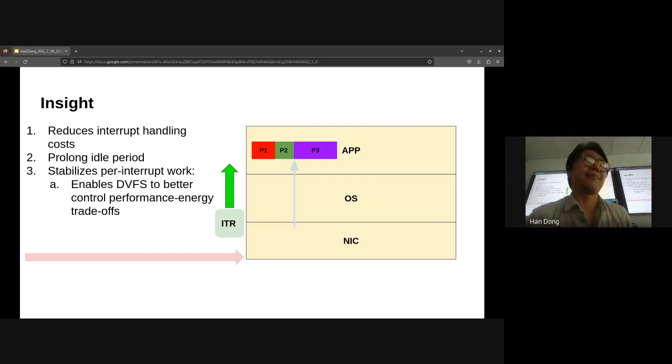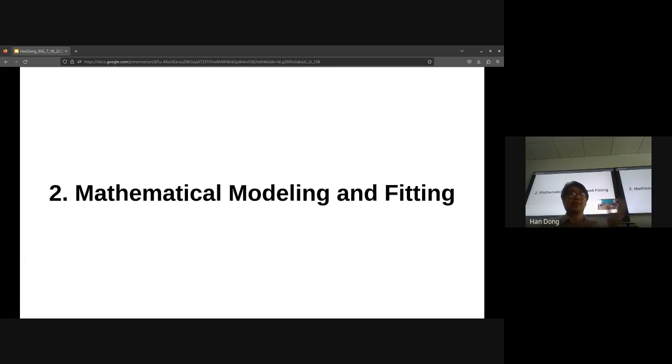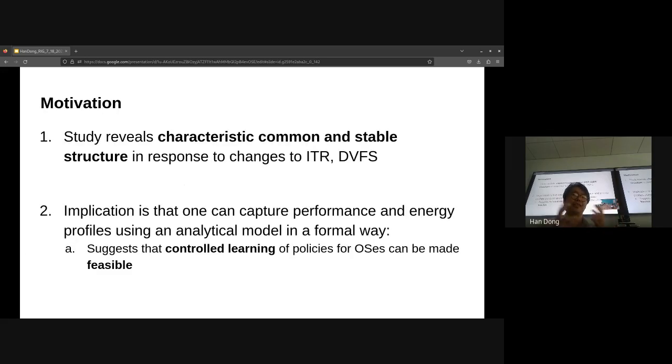So this is basically the big insight that we found from this, and the next step from this insight that we discovered is that this kind of structure can actually be captured in some mathematical way. That's where the next part of this work goes, which is that we found that you can express the data that we collected using a set of mathematical equations that can model this data.